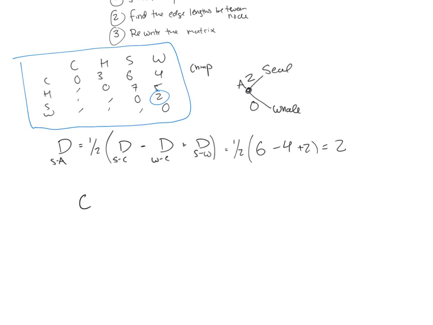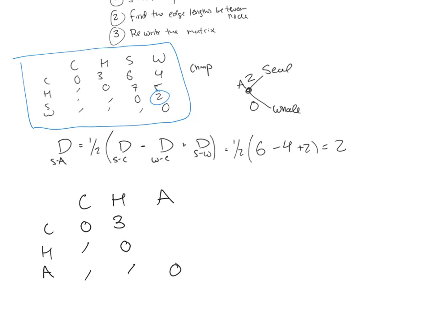So here's chimp, human, and where seal and whale was, I'm just going to have A. Our identities are still 0, and this is still a symmetric matrix. And we knew the distance between chimp and human. That hasn't changed. It's still 3.